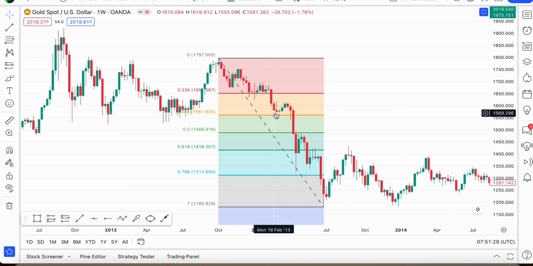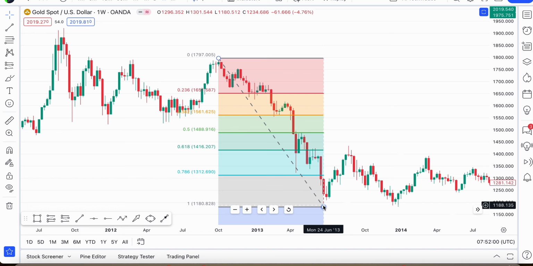It stopped, then bounced back, touched this, and then did the continuation. At 0.5, it stopped again, then continued, got to 0.618, retraced back to 0.5, continued. Then the region of 0.786 here, tested back again, and then it moves straight to 1.